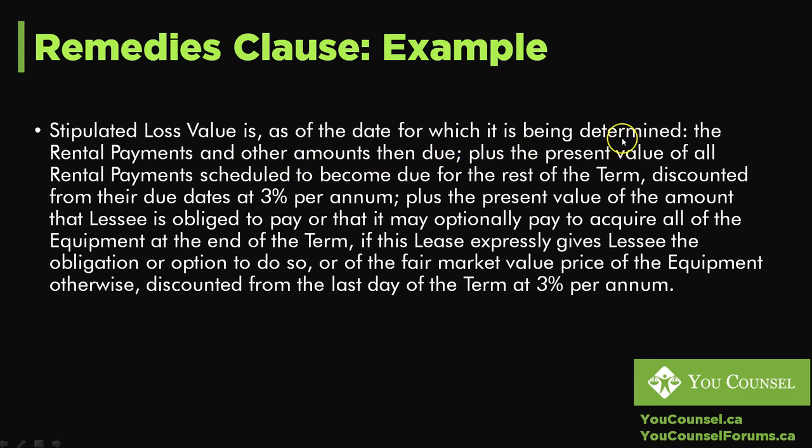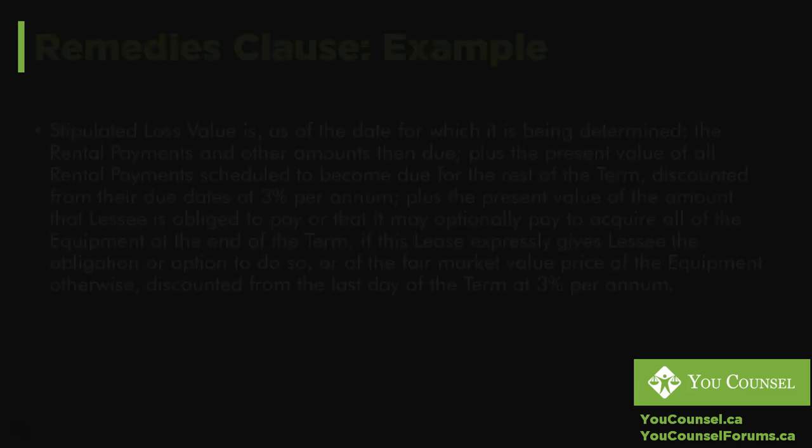So if your breach, your default, occurs today, it is, as of today, the rental payments and other amounts then due, whatever is due, plus the present value of all rental payments scheduled to become due for the rest of the term, that's 50 months for our example, discounted from their due dates at 3% per annum, plus the present value of the amount that the lessee is obliged to pay or may optionally pay to acquire all of the equipment at the end of the term, if the lease expressly gives the lessee the obligation or option to do so, and so on and so forth. So very, very restrictive, very solid clauses that you need to face.